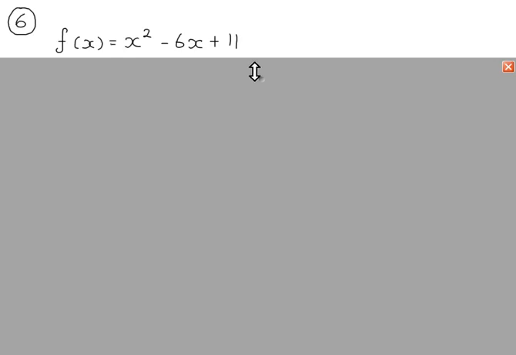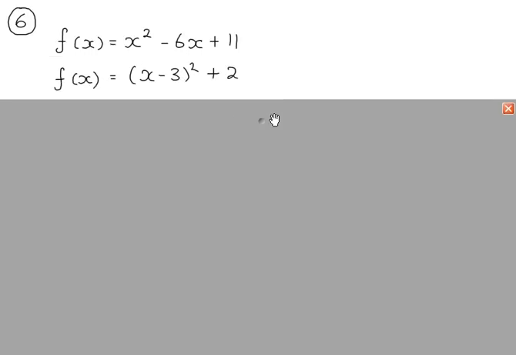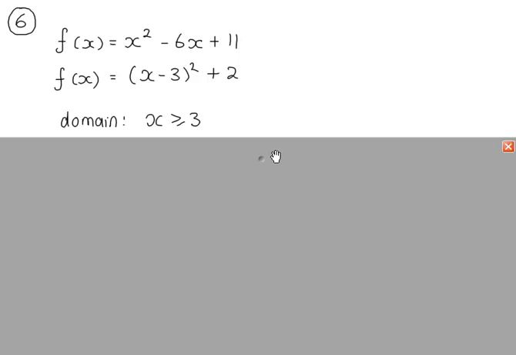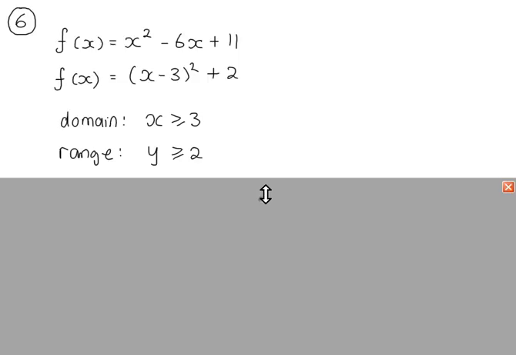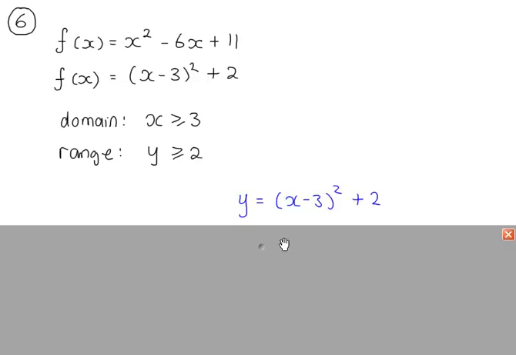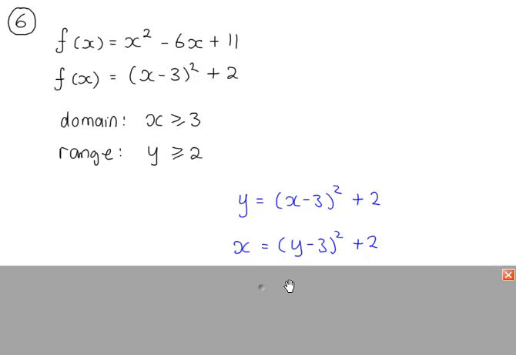Example 6, quadratic function, complete the square. It's very useful. The domain, it's a restricted domain, giving this range. Let's work out the inverse, swap the x and y, rearrange to make y the subject, so take the 2 to the other side and then square root.